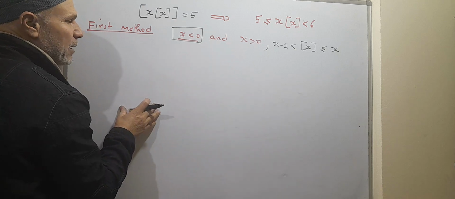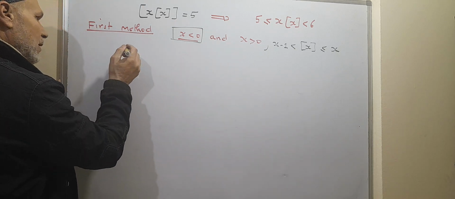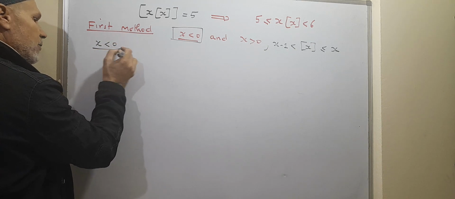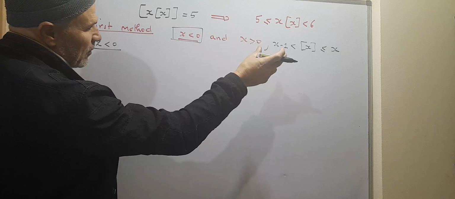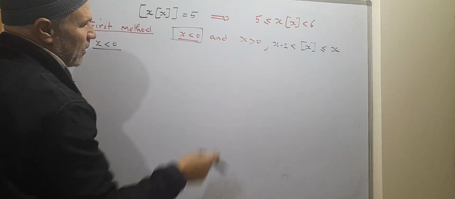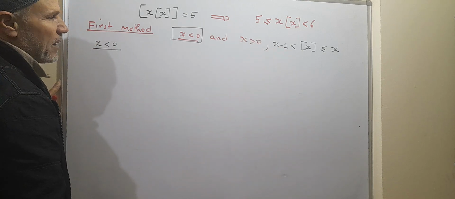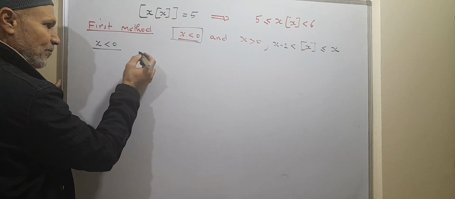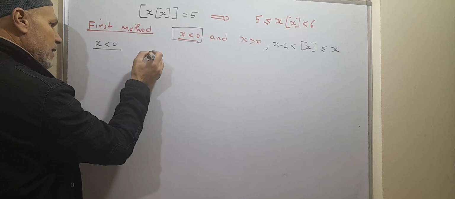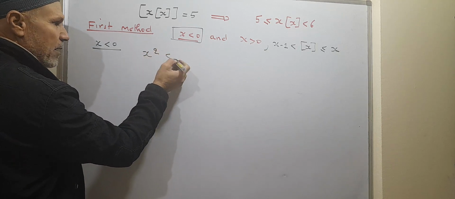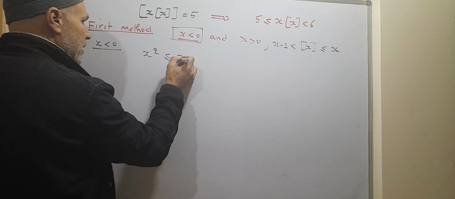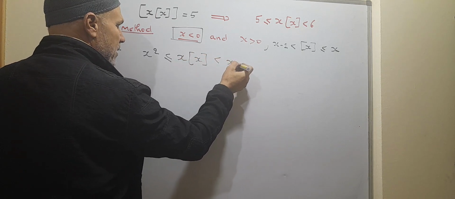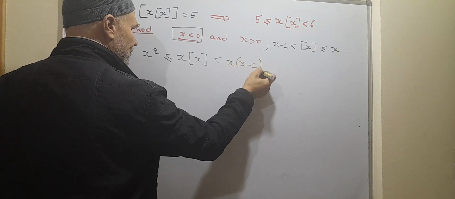We take this double inequality and we start with x less than 0. So if we multiply both sides of x minus 1 less than the integer part of x less than or equal to x by x, we get x squared less than or equal to x times the integer part of x, which is less than x times x minus 1.